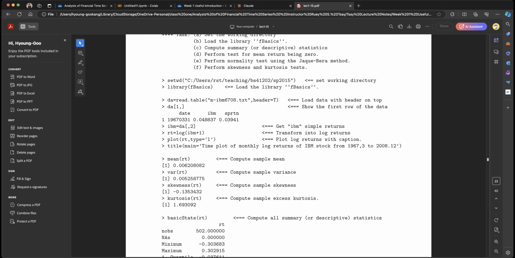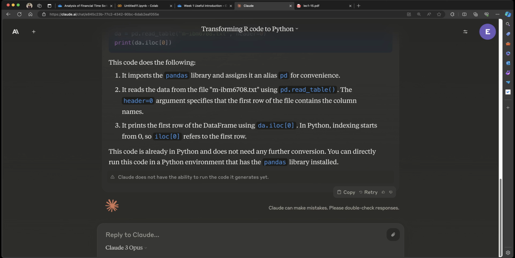We want to do this one, and then again transform from this R to Python.